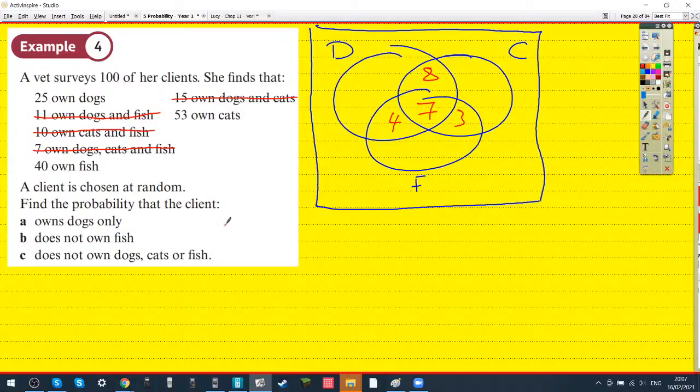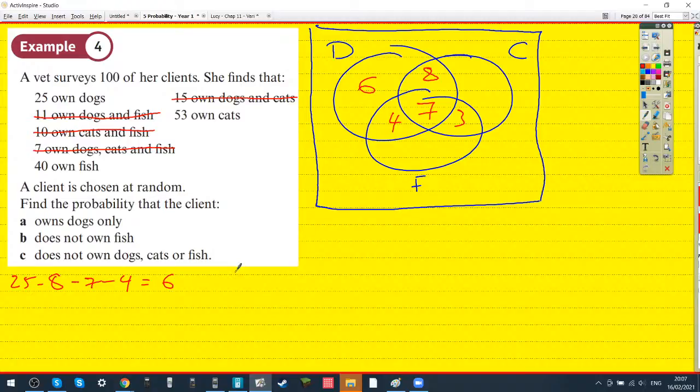No, 8 add 4, then minus from 25. So 25 minus 8, add 4. Yeah. There's another few people who own dogs. Oh, it's 7 as well. Yeah. Okay. So it'd be 19 minus 25. Yeah. Which is 6 for dogs. So that is 6.